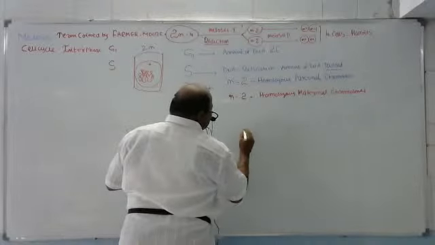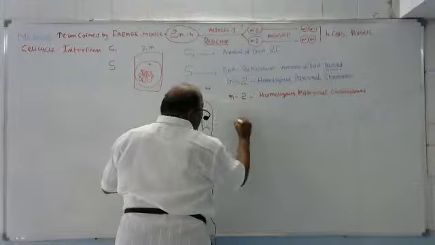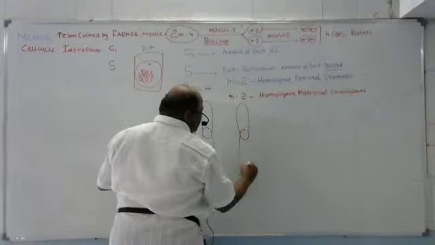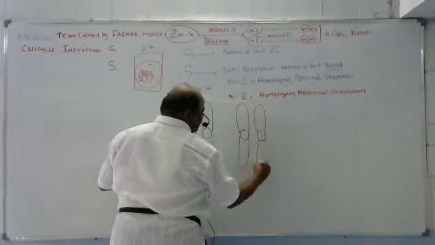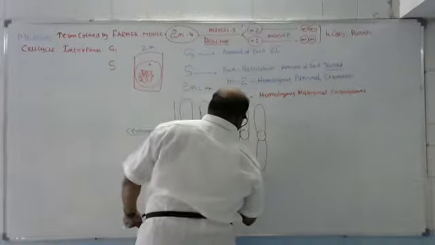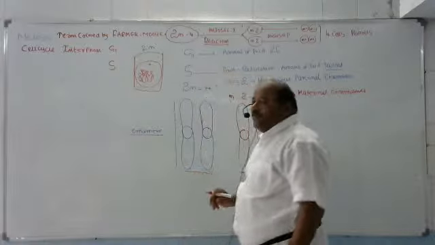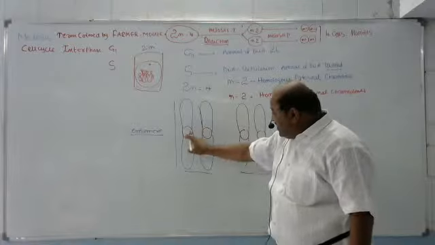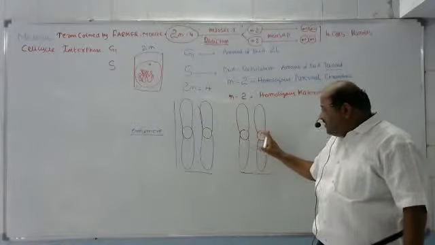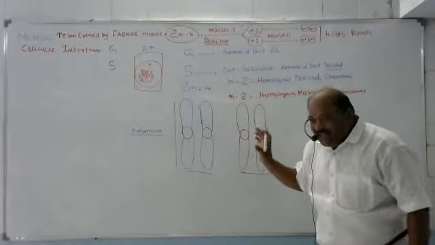Next, another one is homologous maternal chromosomes, which are similar in their size, similar in their length, and the position of the centromere is the same.